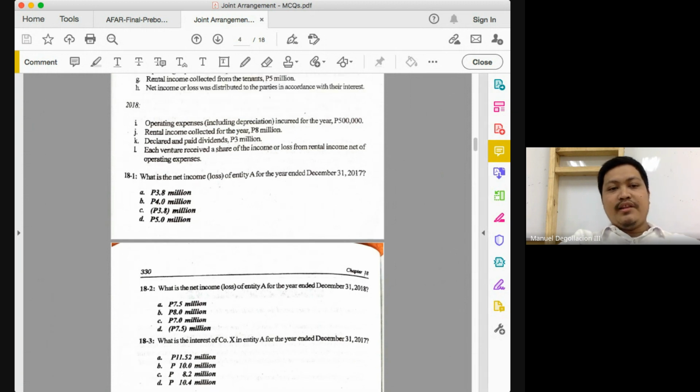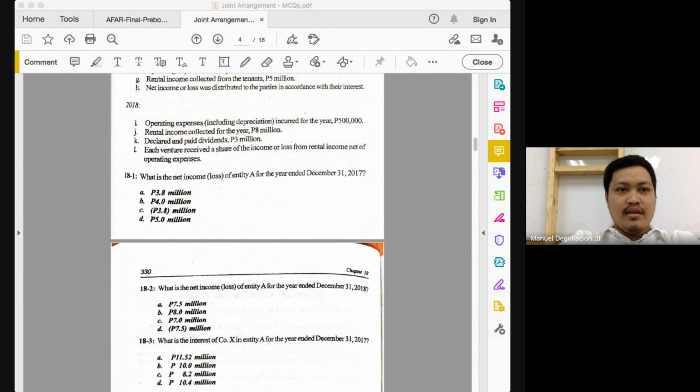So for 18-1 class, what is the net income or loss of entity A for the year ended 2017?